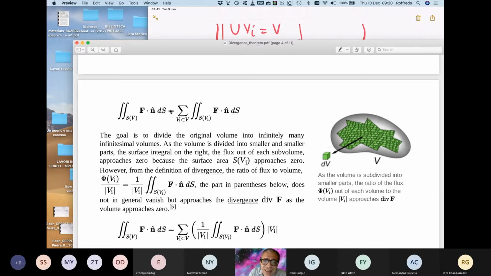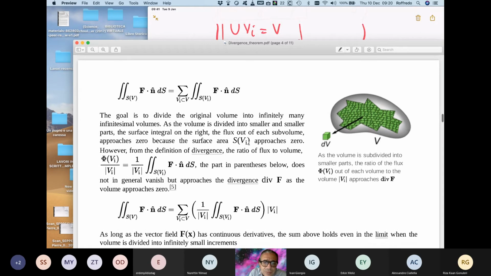This is not a strict equality, because if you want only cubes, then this integral is equal to that plus something which is small. It is smaller than epsilon times a coefficient when the side of this volume tends to 0 with epsilon. Okay.